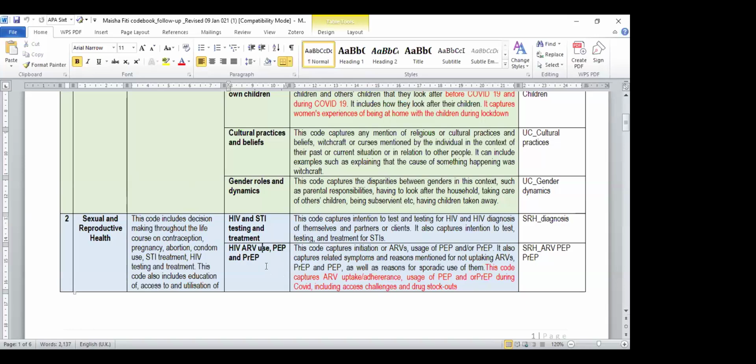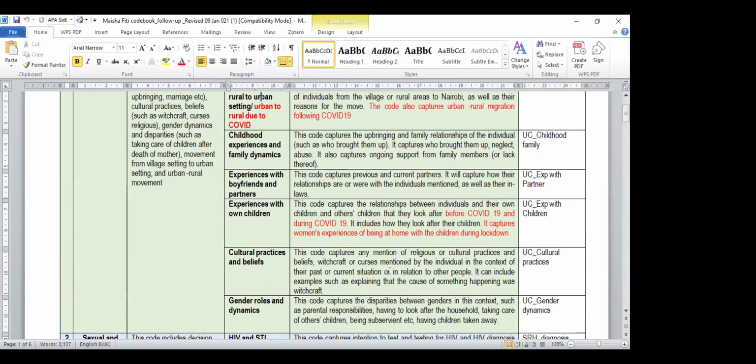You may also have a sub-theme looking at HIV, ARV use, post-exposure prophylaxis and PrEP. This code again would capture the initiation into ARVs and the use of PEP and PrEP. It also captures issues about symptoms, and whether there is adherence or not. So this code book was developed out of emerging themes.